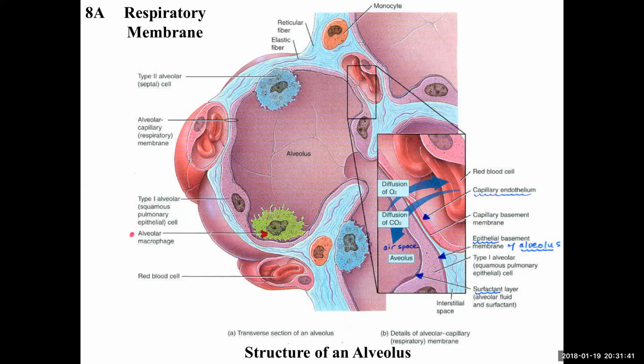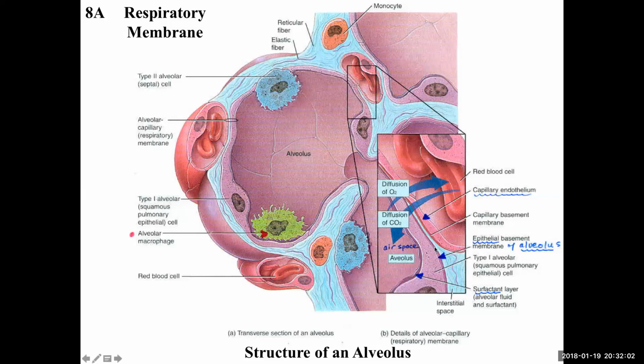In other words, the basement membrane of the capillary endothelium and the basement membrane of the alveolar epithelium will fuse, and they form the surface we see right here in blue.